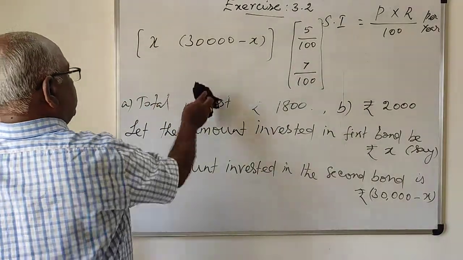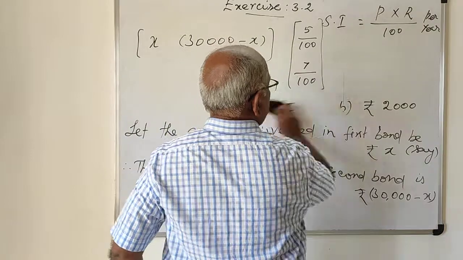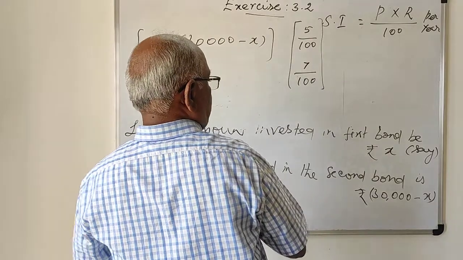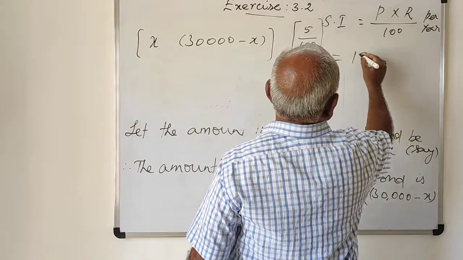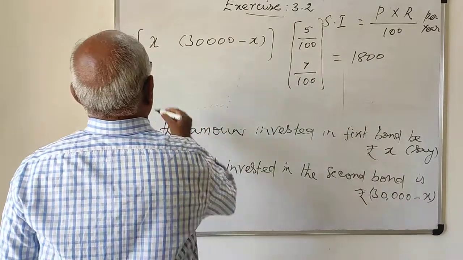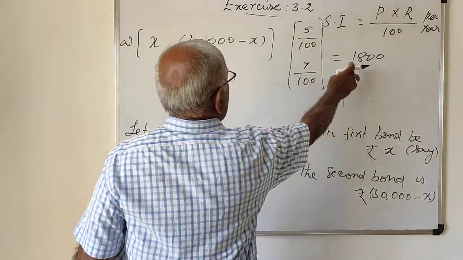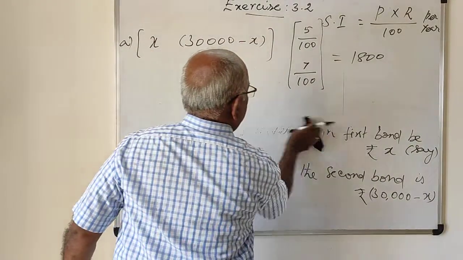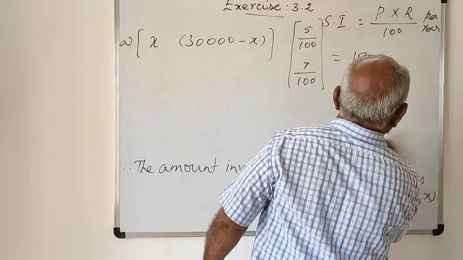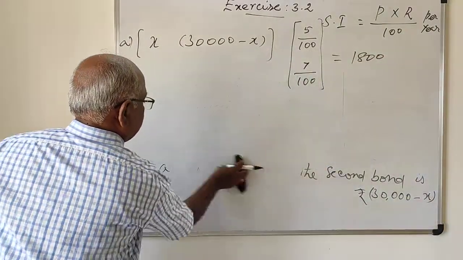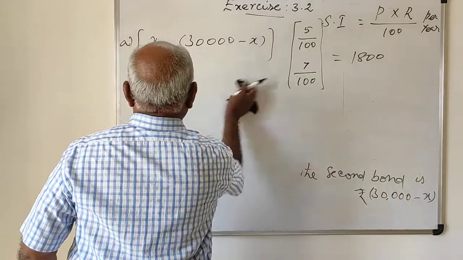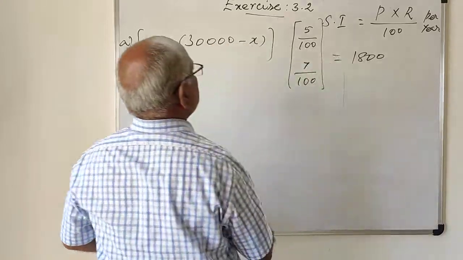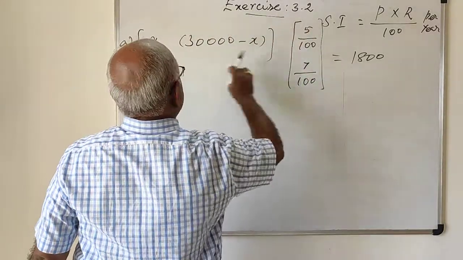So by matrix multiplication, the total interest from the first bond and the second bond is given by 1800. This is our first problem. The total interest from these two bonds is 1800. By matrix multiplication, X, first row, first column.